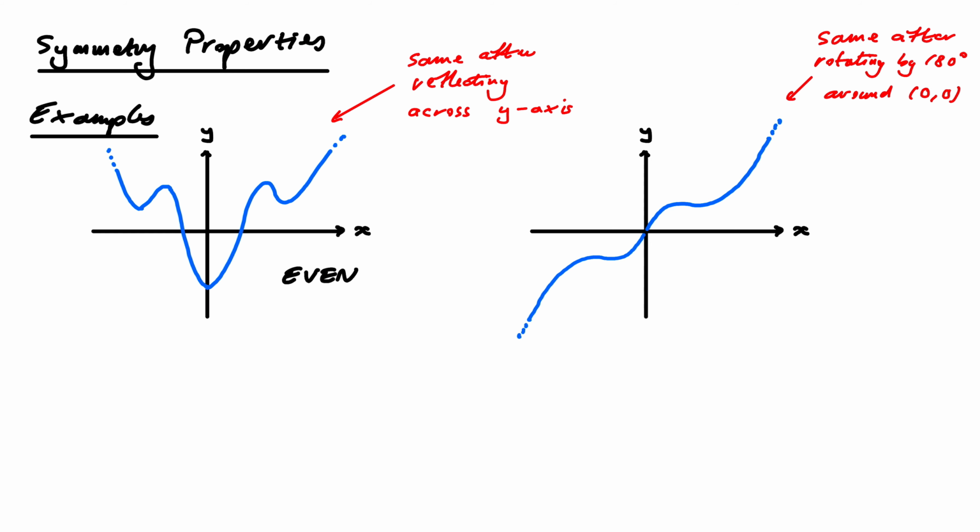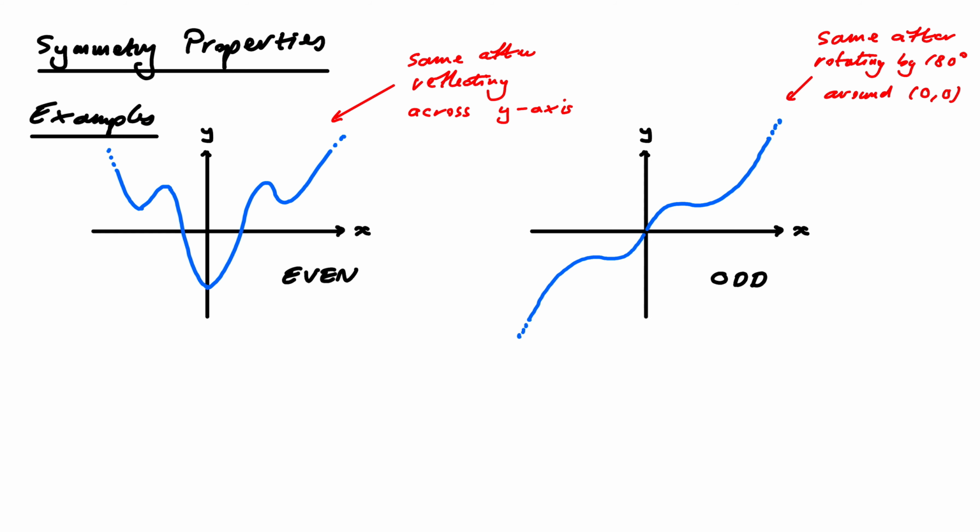In the second case, if after rotating by 180 degrees around the origin it's exactly the same, we're going to call this odd. It's kind of strange terminology, like why would you call this even and why would you call it odd? I'll talk about that in a little second. We want to really pin down what this means precisely, right? We've got a graph which gives us a good feeling for what it is, but we need to really work out a precise statement.